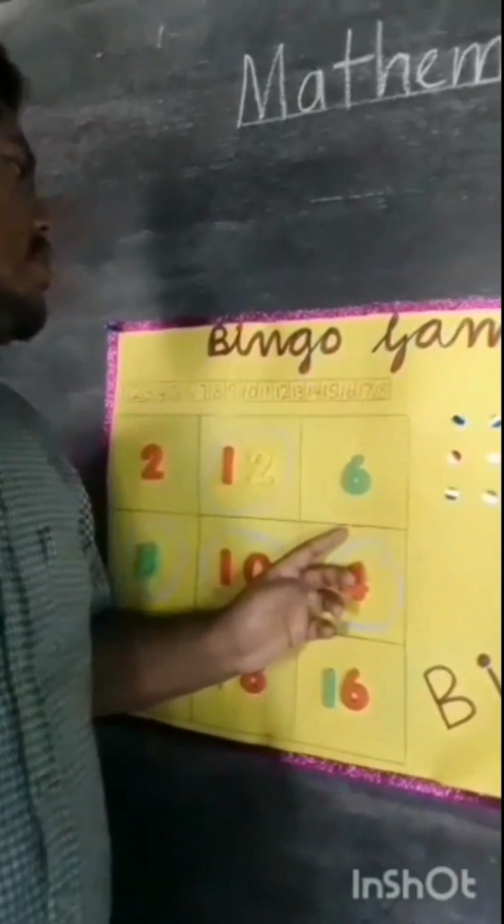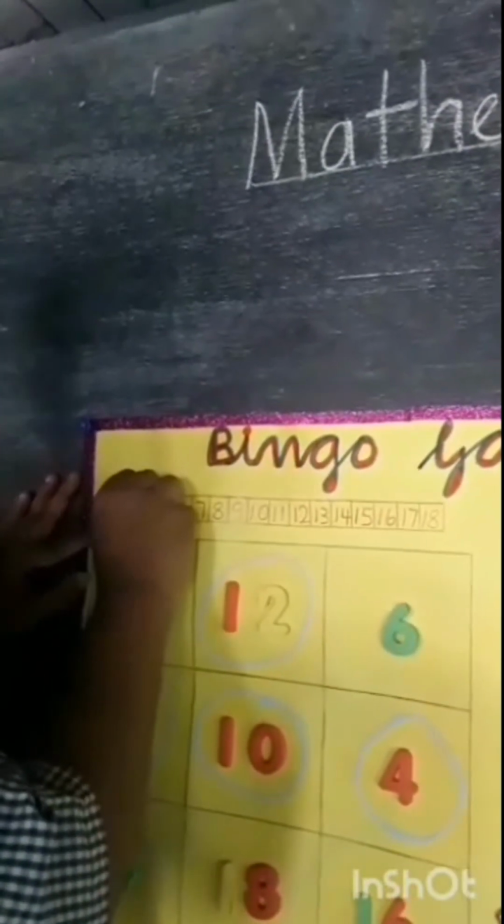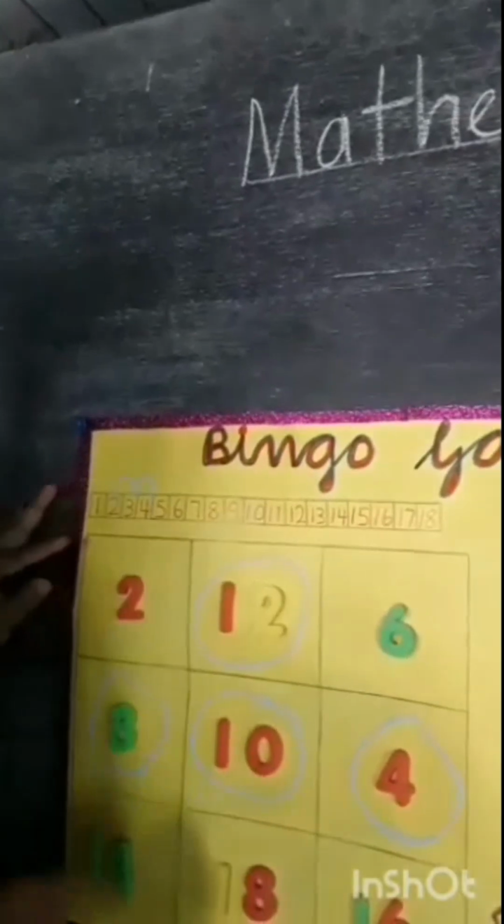And additionally, to help them, we have a number line at the top. So say for example, you want to add 2 plus 2. The child will move 2 places, beginning from 2, 1, 2, so 2 plus 2, 4.